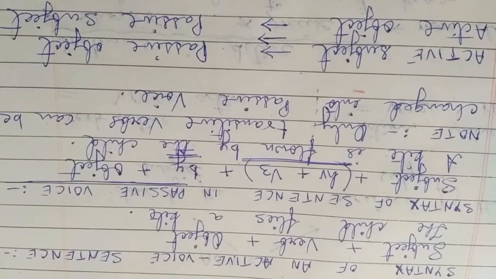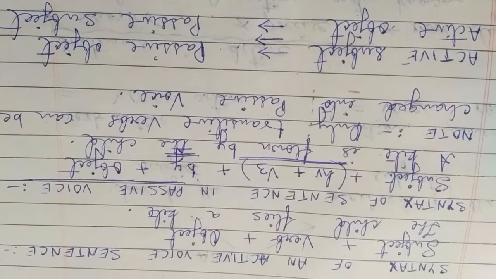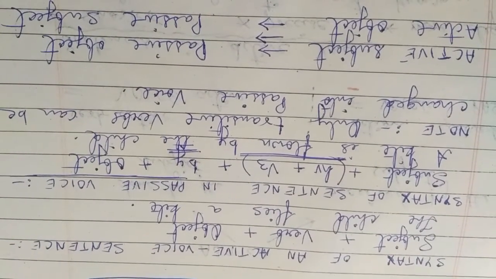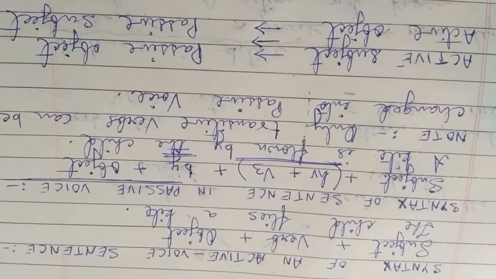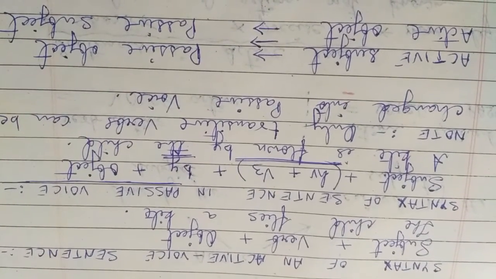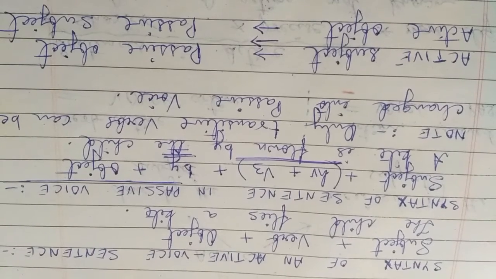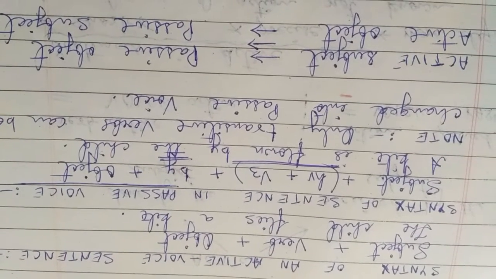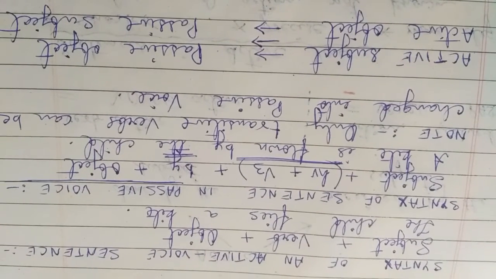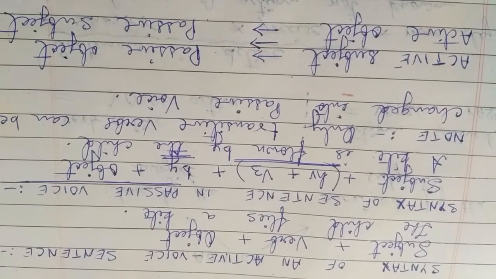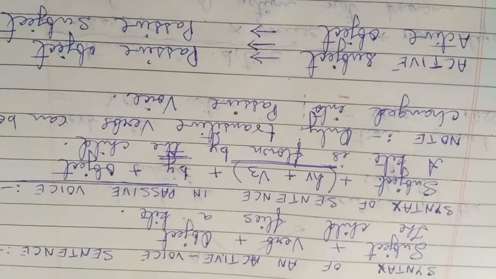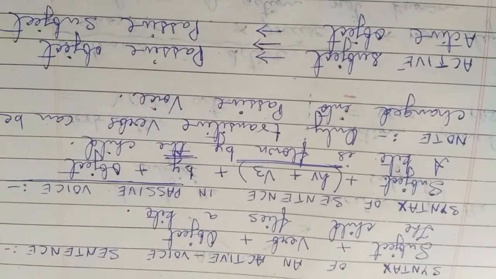And just before the word by, regarding the form of the verb in the sentence, remember that for any verb in the active sentence, first you will try to recall the root word of that verb and then change that root word into the third form, that is the past participle form of the verb.